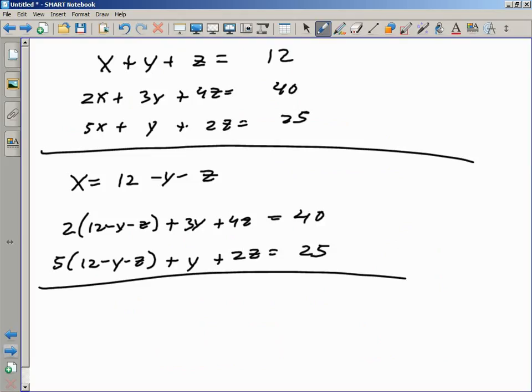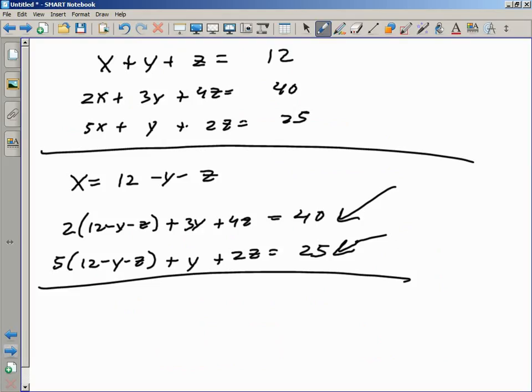But let me ask you this question. What happened to the coefficient in front of x in these two equations? What happened to x? Poof, it disappeared, right? So what I'm trying to do, essentially, is get rid of this guy. And then I can do it again with y and z. Get rid of him just for a minute. I'll come back and solve for him later. I'll plug and chug.